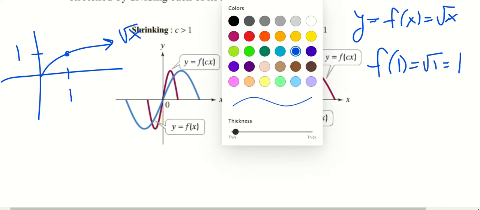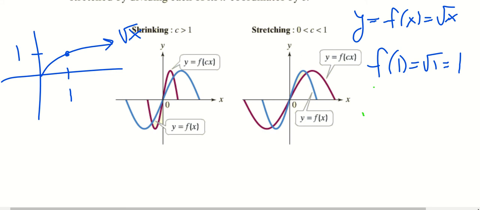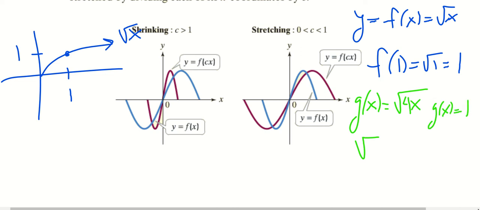If we look at a transformation of this, let's look at the transformation g of x, which is equal to the square root of 4x. And let's suppose that we also want to get an output of 1 for this. In order to get an output of 1, we would need for 4x to be equal to 1.